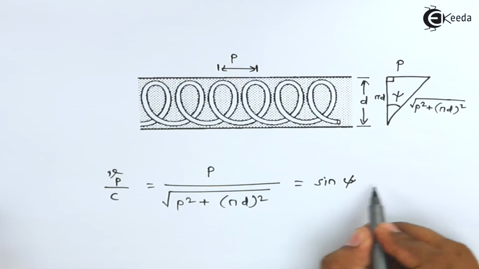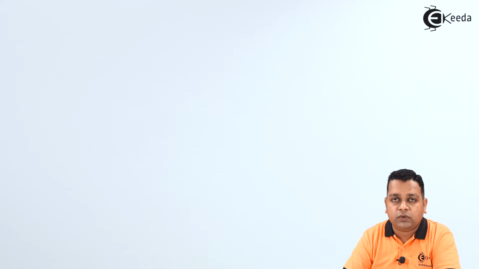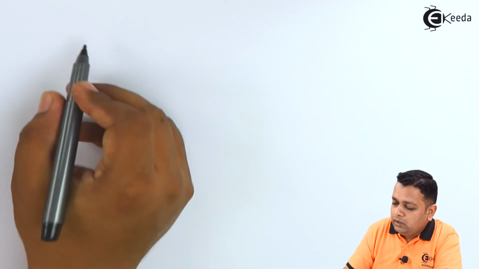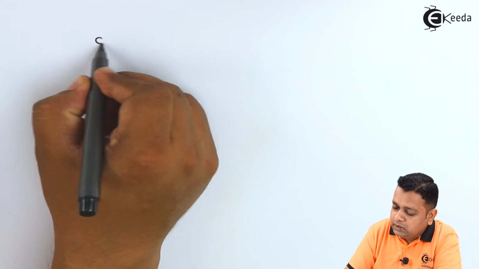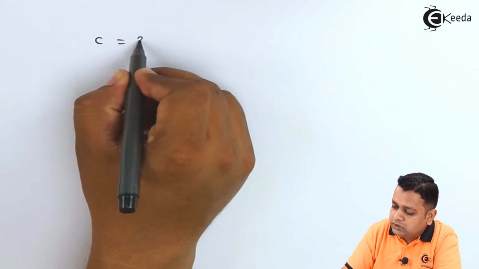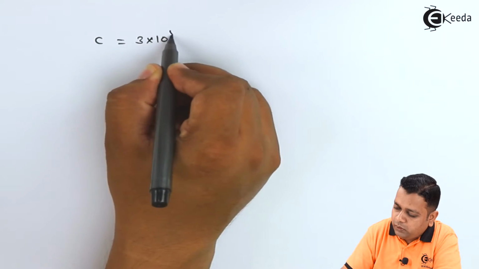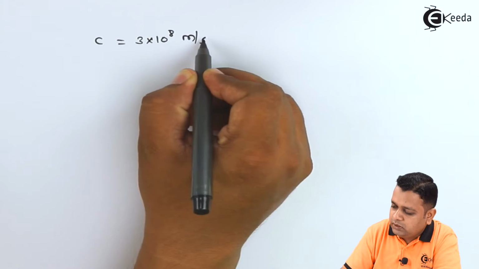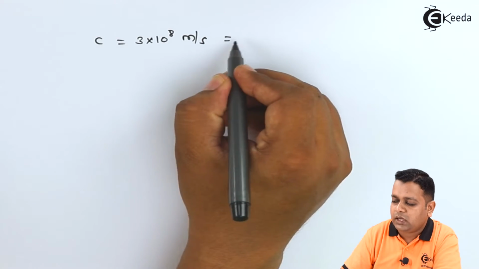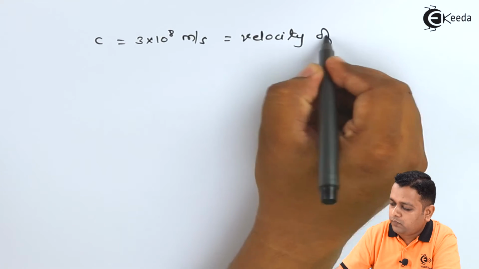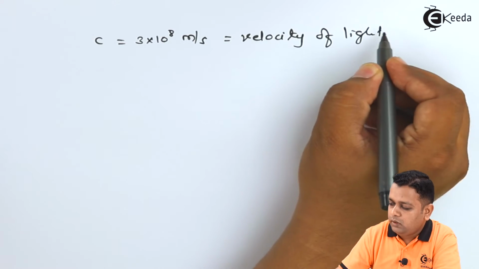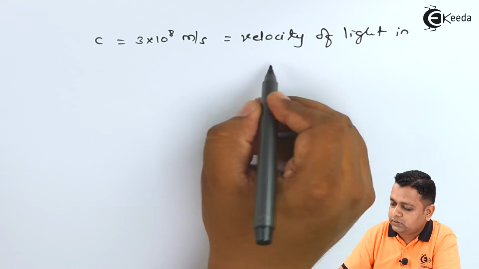So let us say this is equation number 1. With respect to this equation, we have used c in the denominator of the left-hand side. The value of c is equal to 3 into 10 raised to the power 8 meters per second. This is actually the velocity of light in free space.